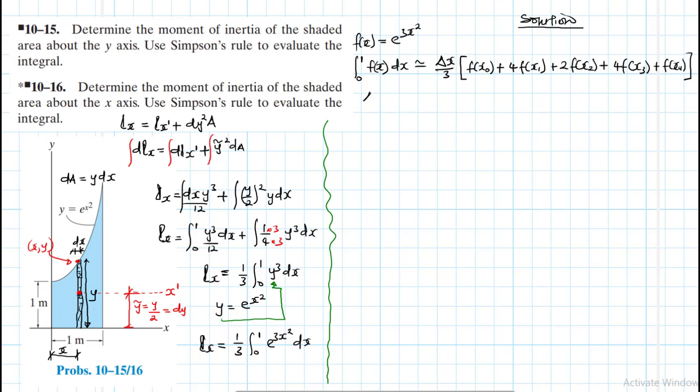So our delta x is equal to (b minus a) divided by n, which is equal to 1 minus 0 divided by 4. We said let our n equal 4, and this is just the number of even subdivisions.